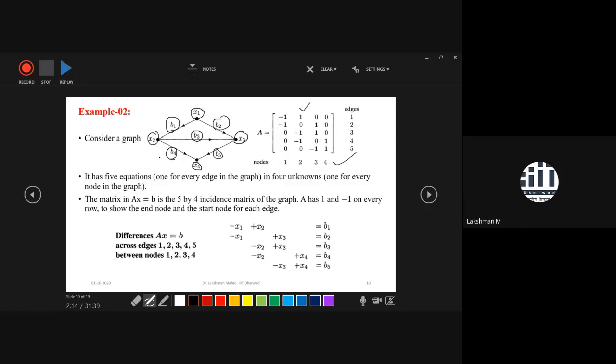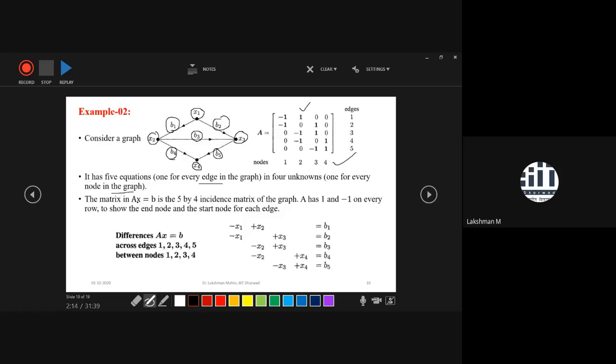Due to this graph, it will have five equations, one for every edge in the graph, and those equations would be in four unknowns, one for every node in the graph.